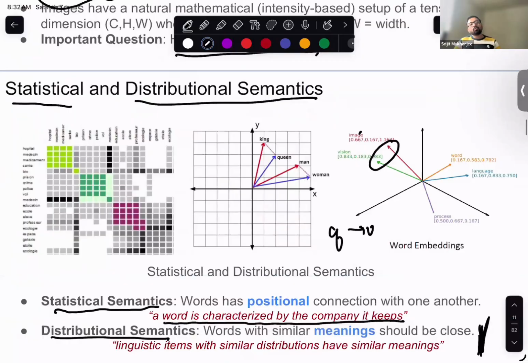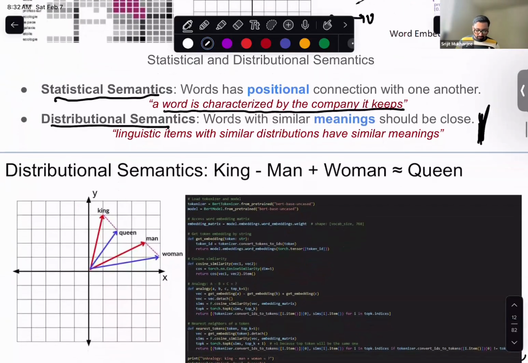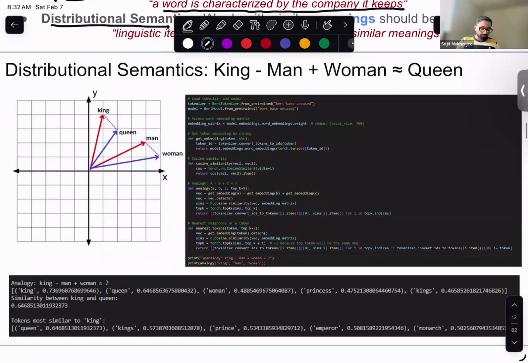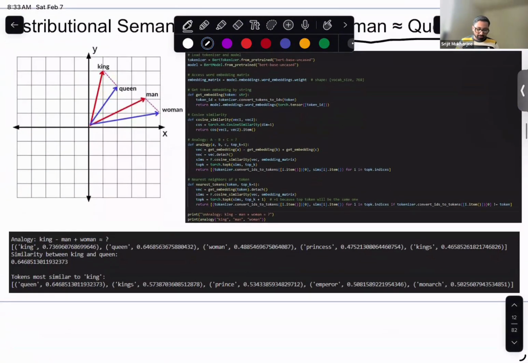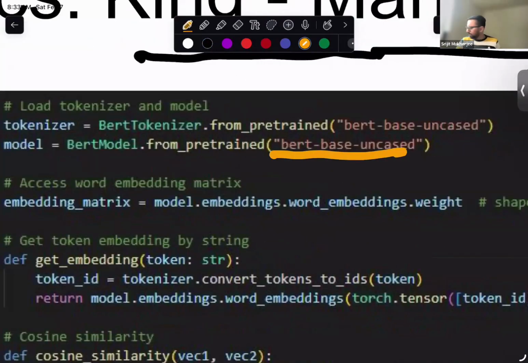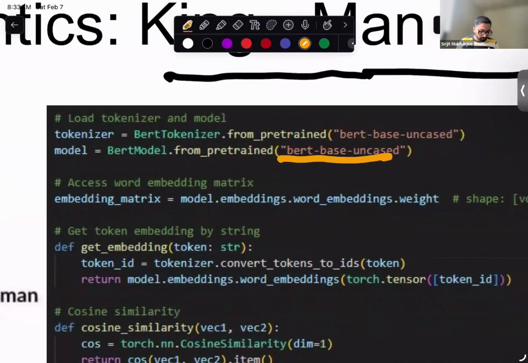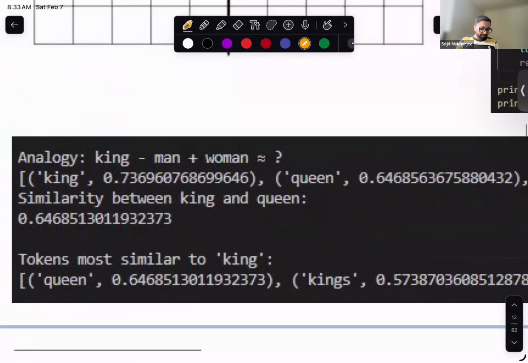And this is exactly what is done in modeling. For example, I gave you this example of king minus man plus woman is equal to queen. Okay. So let's see. I have taken the tokenization of BERT, and I have calculated this king minus man plus woman.